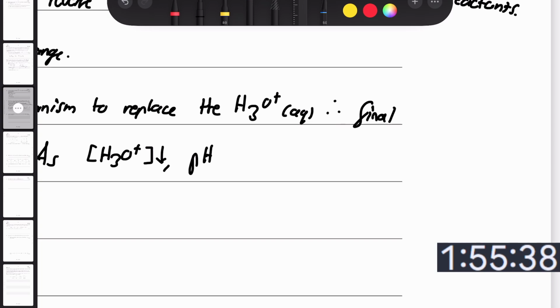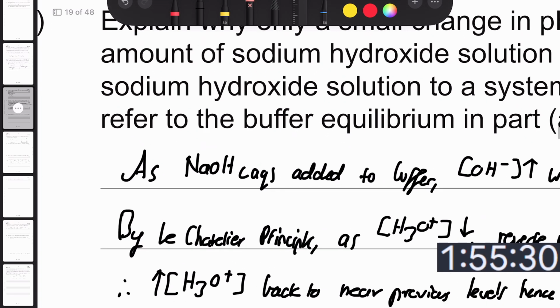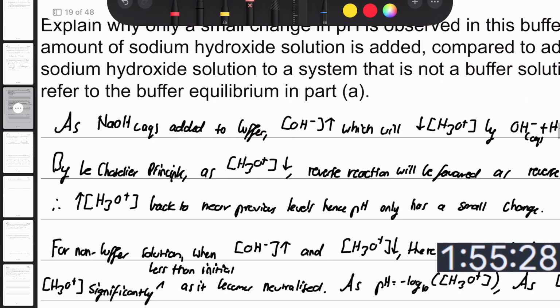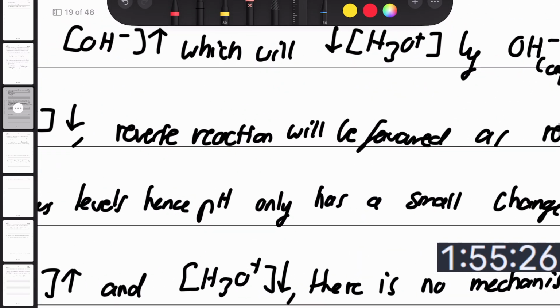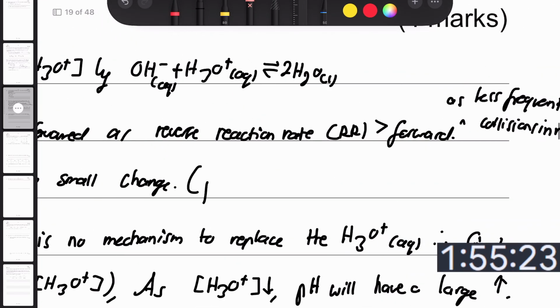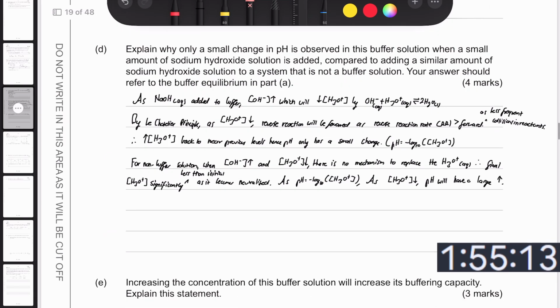We have a large increase. And maybe I should add up here: pH equals a negative log 10 of the concentration of H3O plus. Okay.